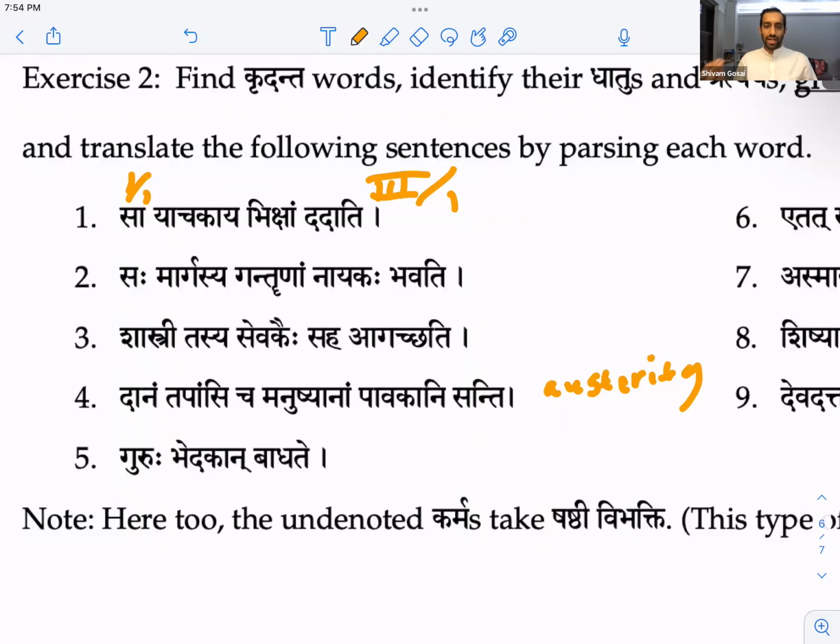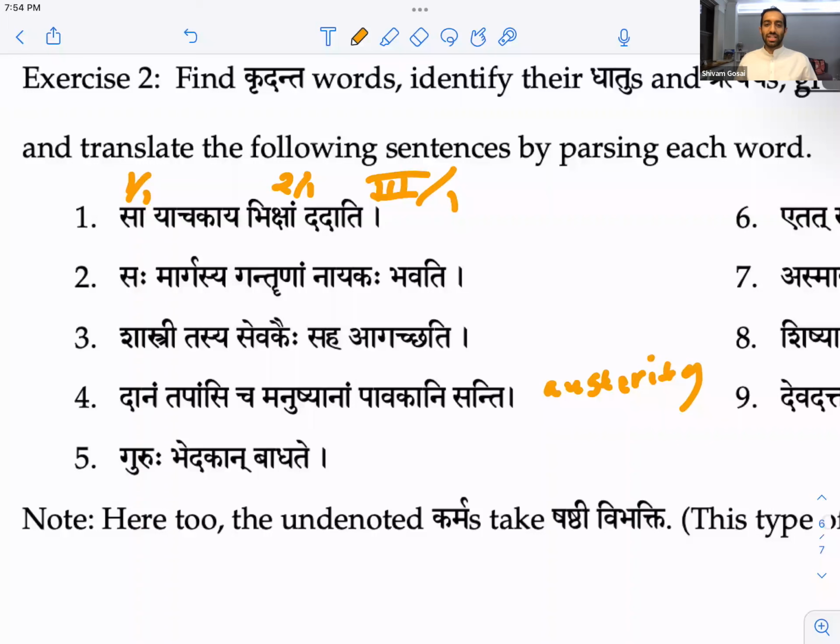So dvitiya vibhakti ekavachanam. Karmani dvitiya to dadati, meaning it's the object. So what does she give? Bhiksham dadati.